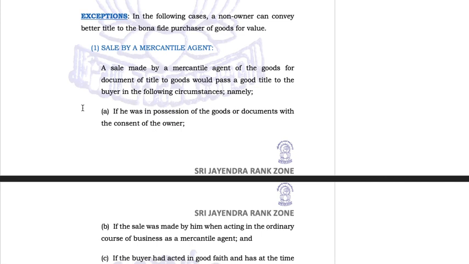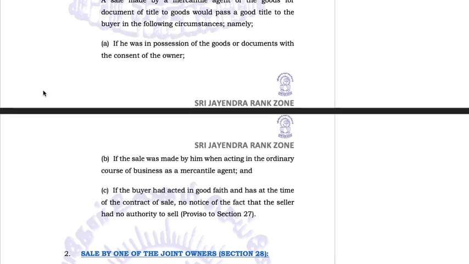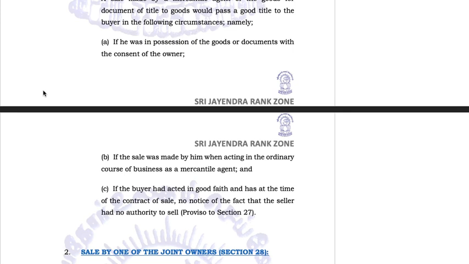If he was in possession of the goods or documents with the consent of the owner. If the sale was made by him when acting in the ordinary course of business as a mercantile agent. If the buyer had acted in good faith and had, at the time of the contract of sale, no notice of the fact that the seller had no authority to sell.